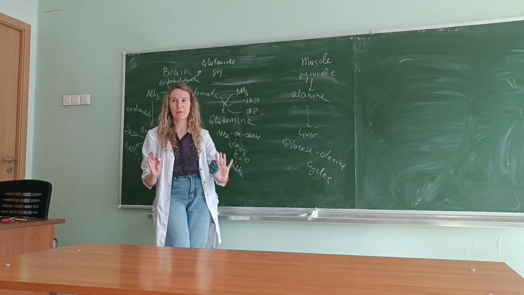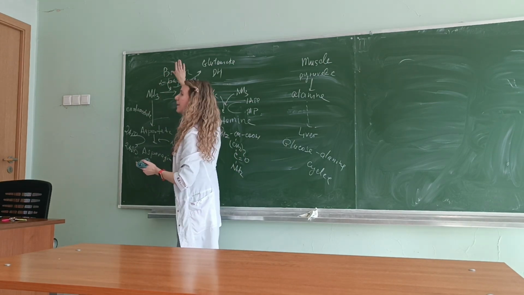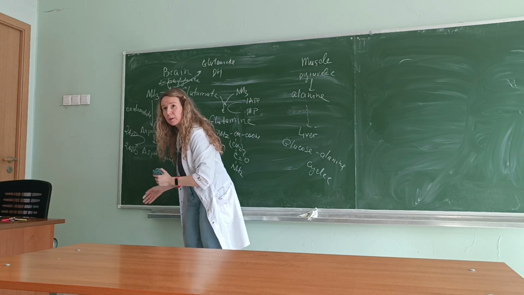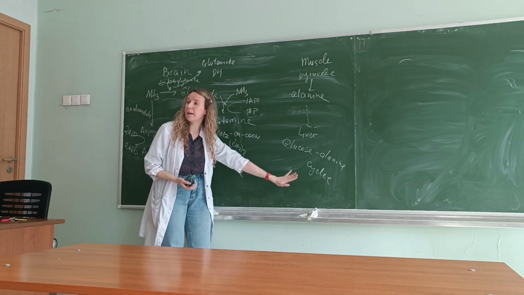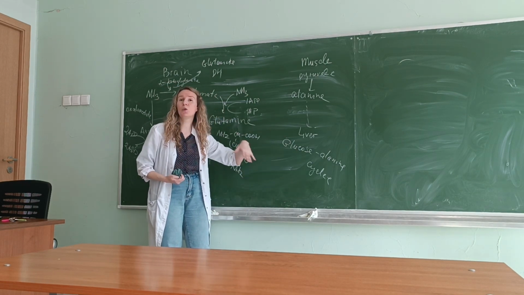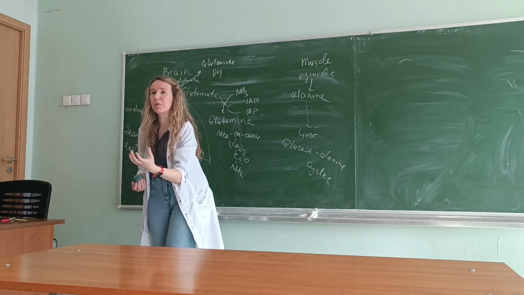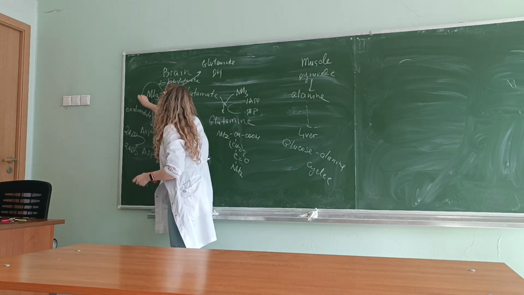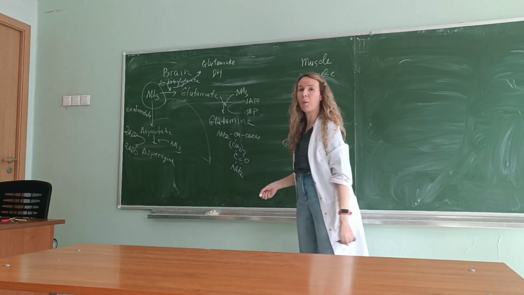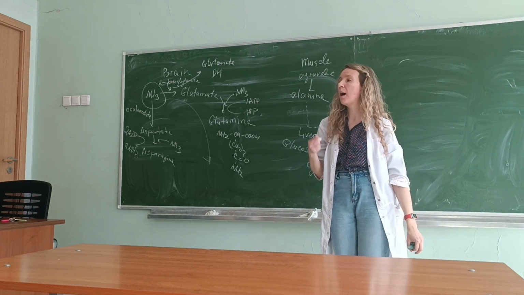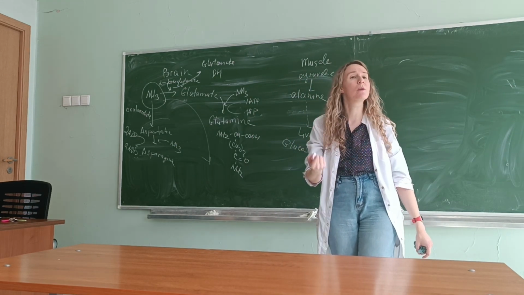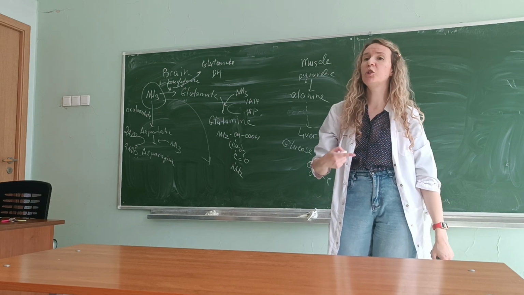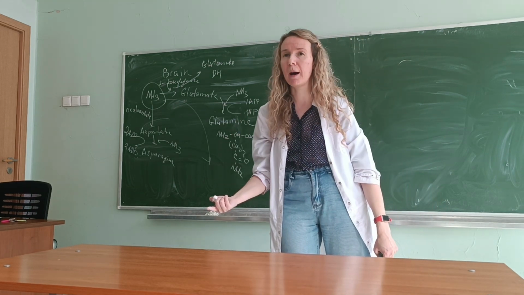It's very brief information, so you need to find this reaction in books. You need to find this cycle in books. But you must understand that we will never transfer ammonia in free form, because ammonia is toxic for us. It will change the pH of blood.